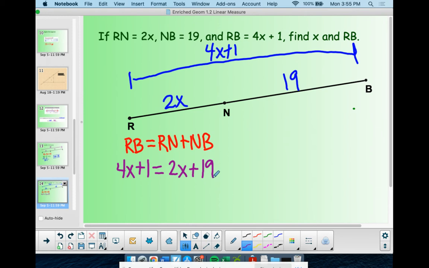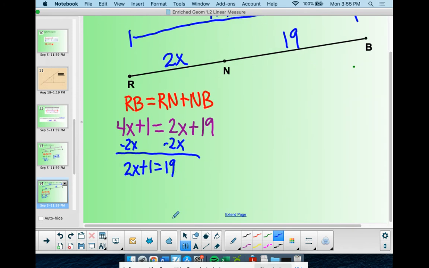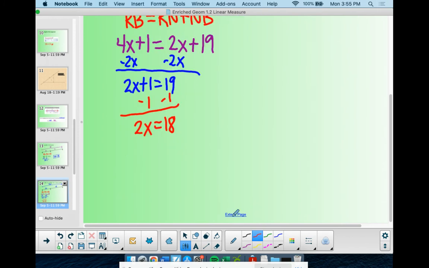And then we solve. Remember, when you solve, you get your variables to one side and your numbers to the other. So I'm going to bring over my 2x. We have 2x plus 1 equals 19. Subtract 1. 2x equals 18. Divide by 2. 18 divided by 2, folks, is 9.